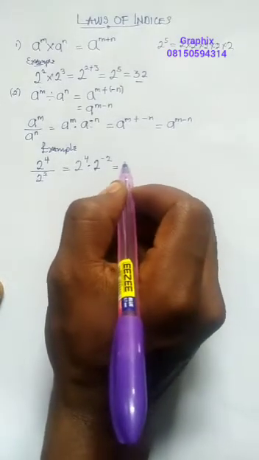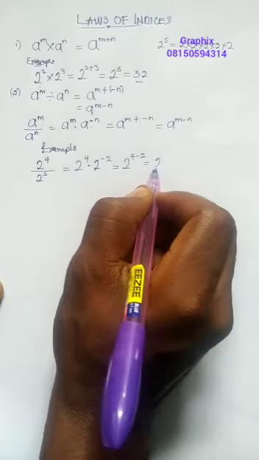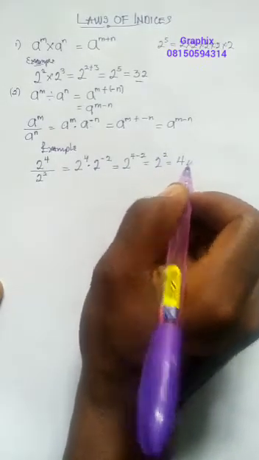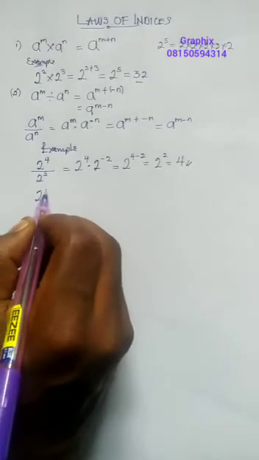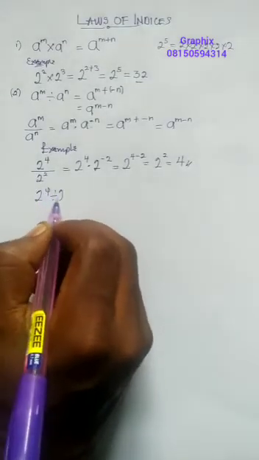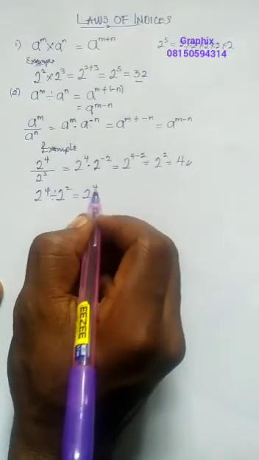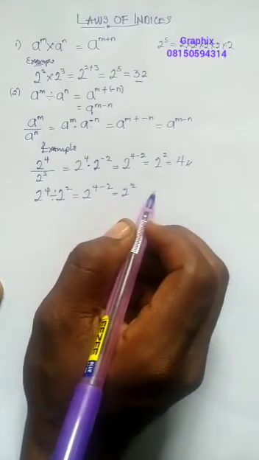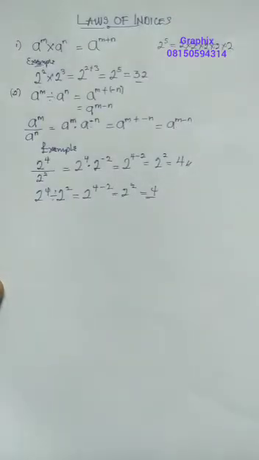And this is saying 2 raised to the power 4 minus 2, and that will give me 2 raised to the power 2, which is equal to 2 times 2, which is 4. Are we good? Or I can say 2 raised to the power 4 divided by 2 raised to the power 2. The same thing as saying 2 raised to the power 4 minus 2, and that will still be 2 raised to the power 2, which is 4. That is another one there.